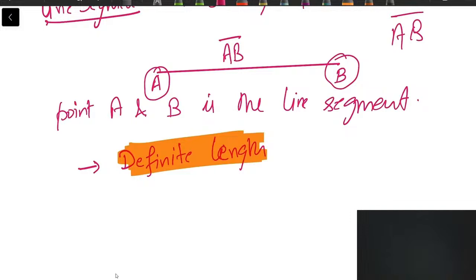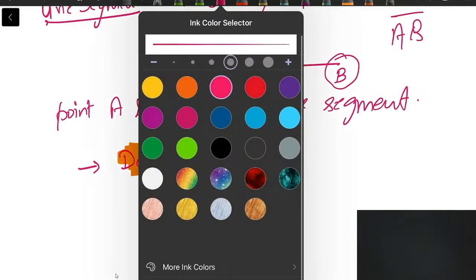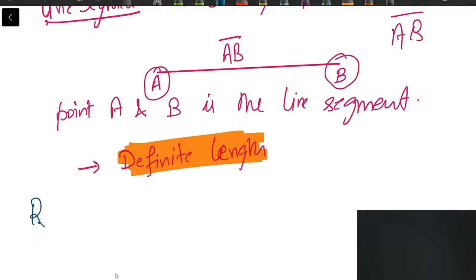So let's move to another topic, that is ray. What is a ray? A ray is a line segment which can be extended in one direction till infinity.